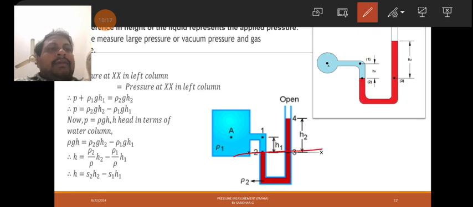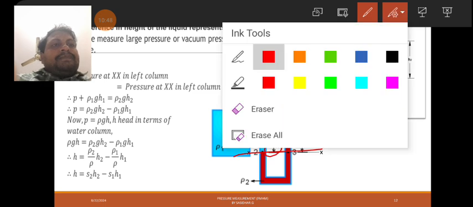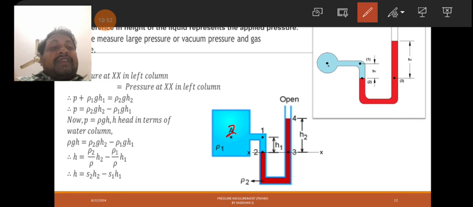Let A be the point at which the pressure is to be measured, whose value is P. H1 is the height of the liquid above the datum line in the left limb.